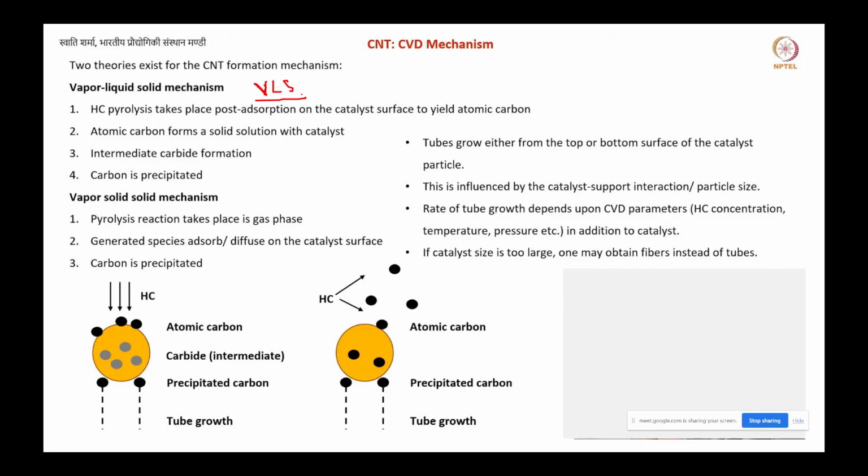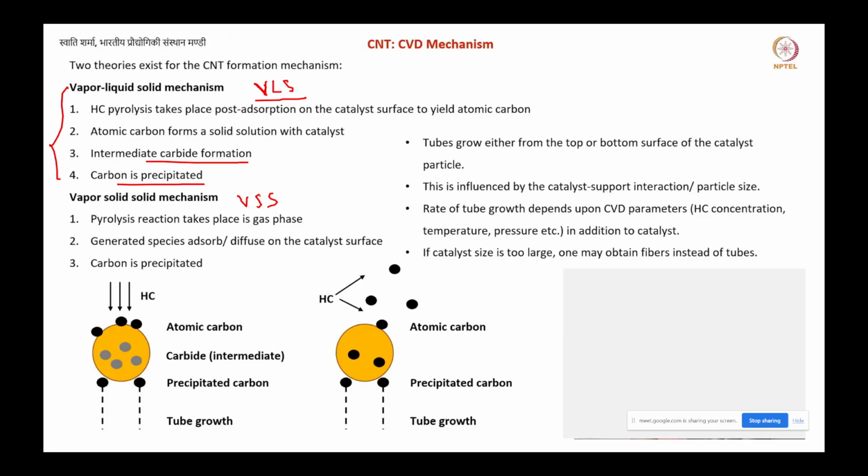After this, atomic carbon forms a solid solution with the catalyst. Third, intermediate carbide formation will occur, and fourth, carbon is precipitated in the VLS mechanism. But in the case of vapor, the short form is VSS, the vapor solid solid mechanism.